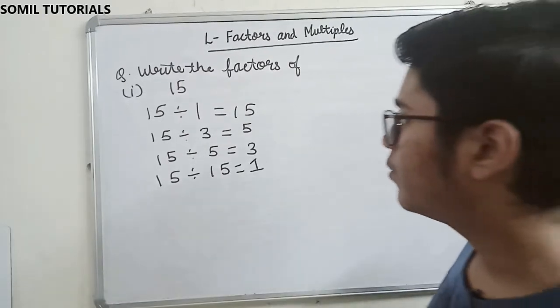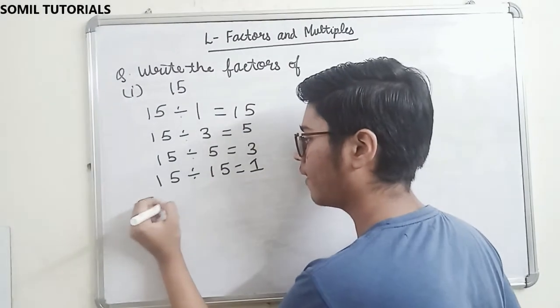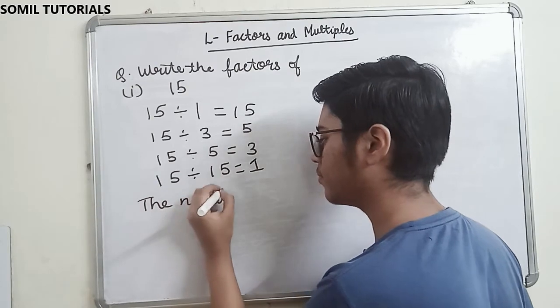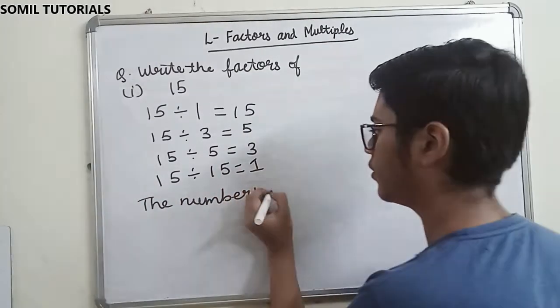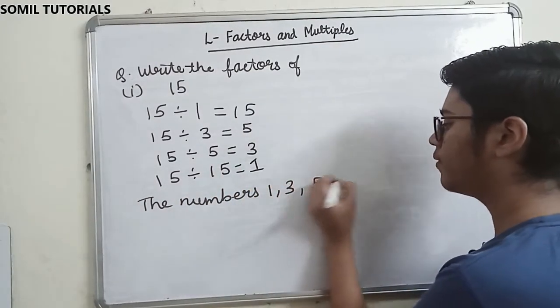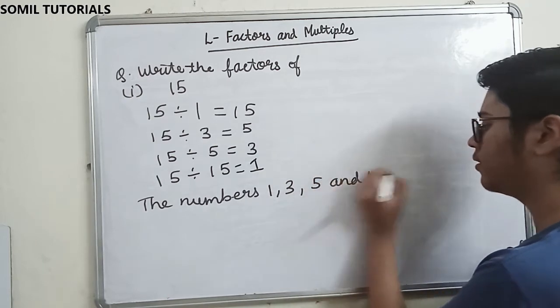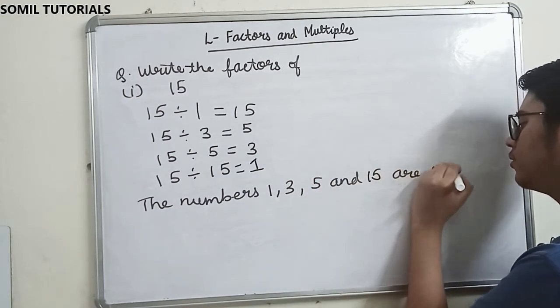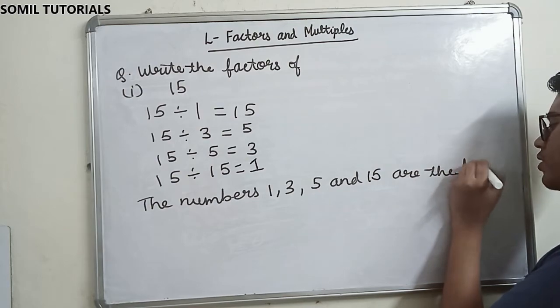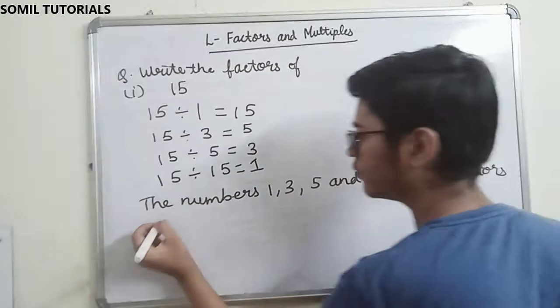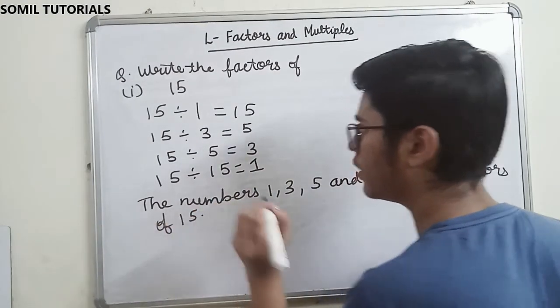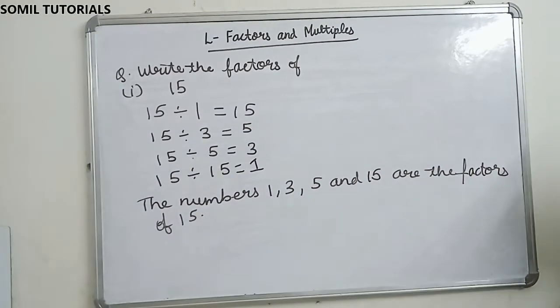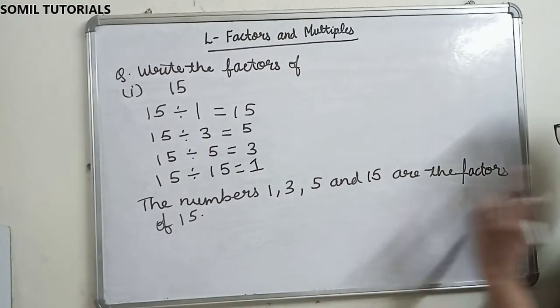Your last statement will be: the numbers 1, 3, 5 and 15 are the factors of 15. This is your complete representation of the answer.